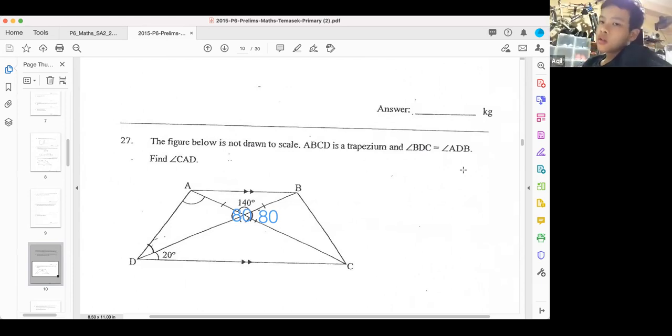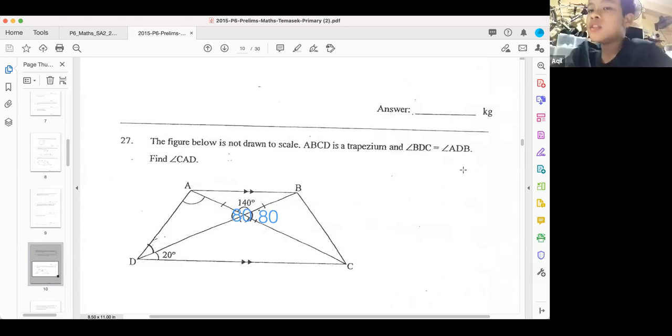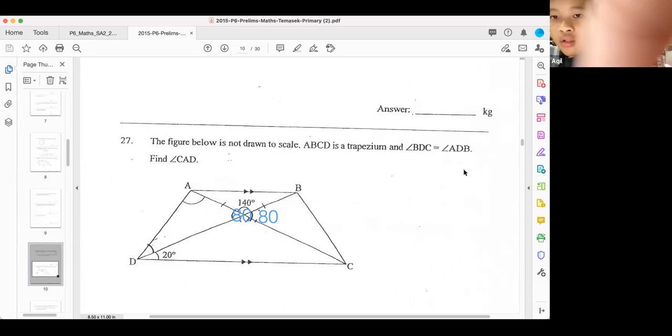It's 80 there, right? How can you get 80? No, it's 80 for that side. For the one on the area.